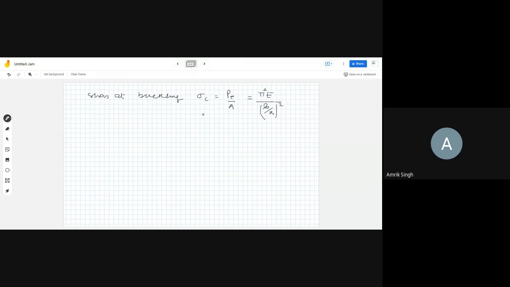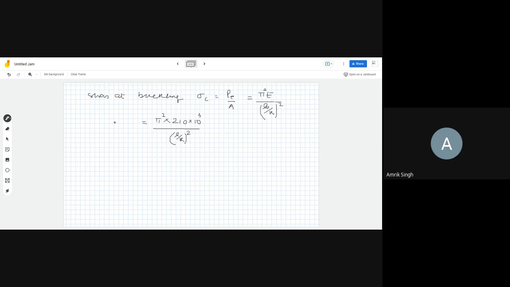Now, you know the value of pi, you know the value of E. So pi square, E value for the steel we take 210 gigapascal, so convert it into megapascal. And this thing divided by L upon K. This L upon K is what? It is a slenderness ratio.